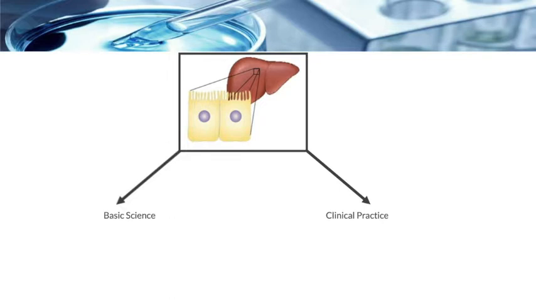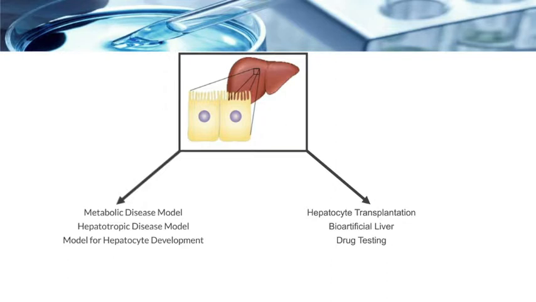More specifically, in the clinical arena, we could use these for drug testing, for use in a bioartificial liver in vitro, or directly for transplantation as a construct in vivo.